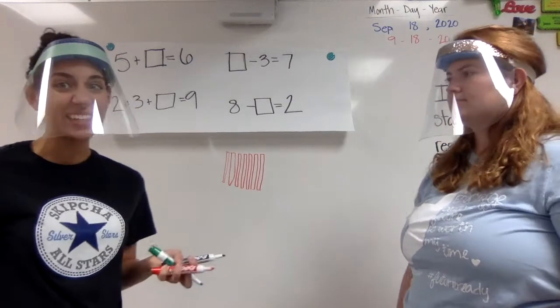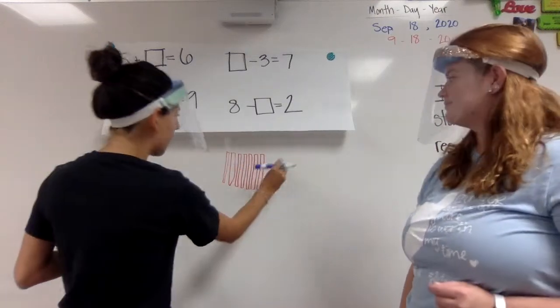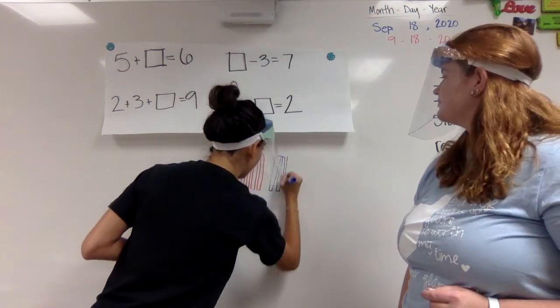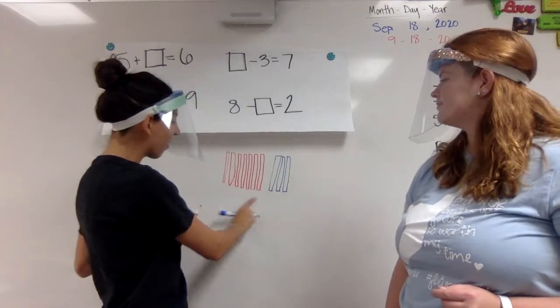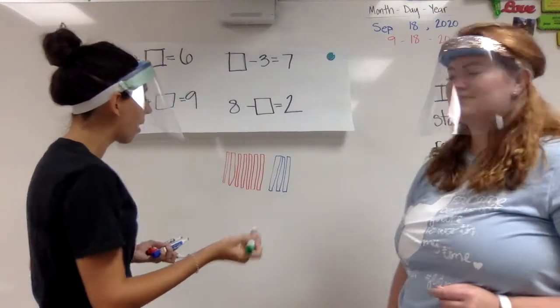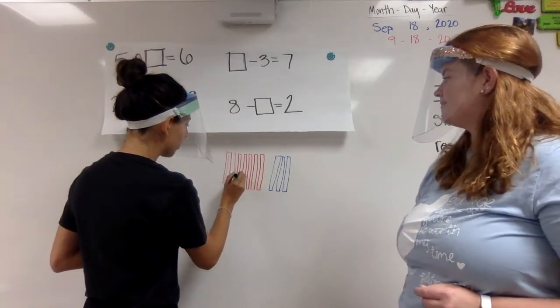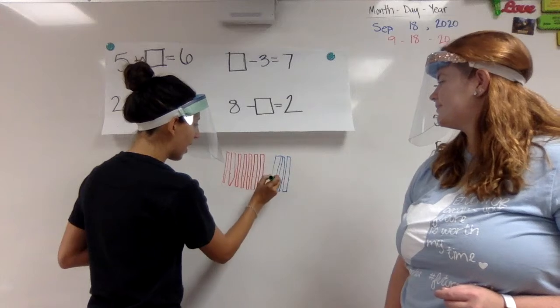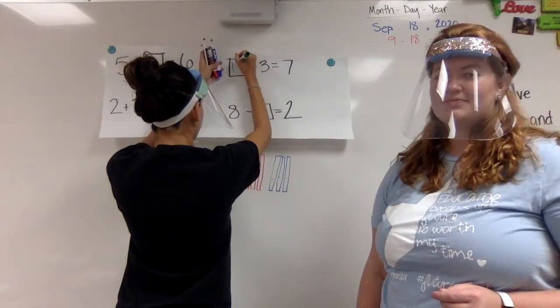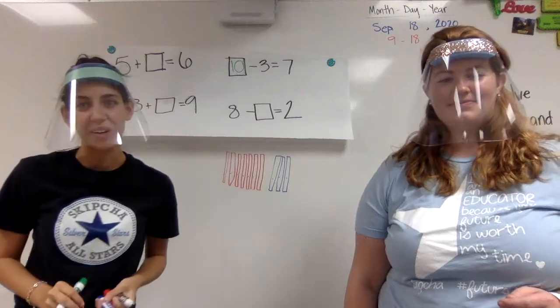So I'm going to pretend that I grabbed them out of the trash and put them back in my problem. I'm going to draw the 3 that I threw away. And then if I add all of these together, I should be able to see what the start of my problem was. So I have 1, 2, 3, 4, 5, 6, 7, 8, 9, 10 Mr. Sketch markers is what Miss Lime would have started with.